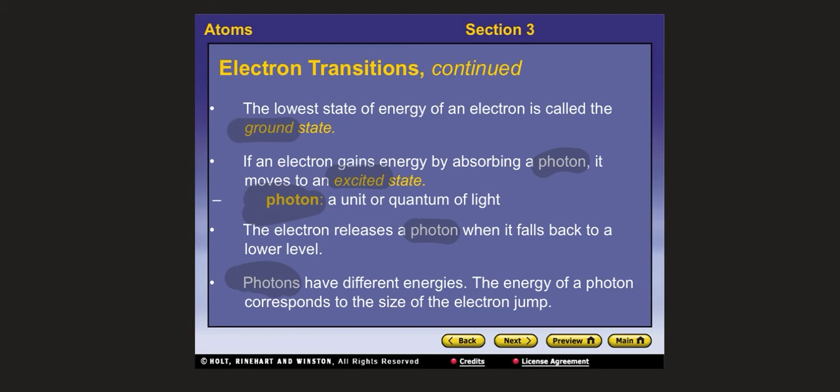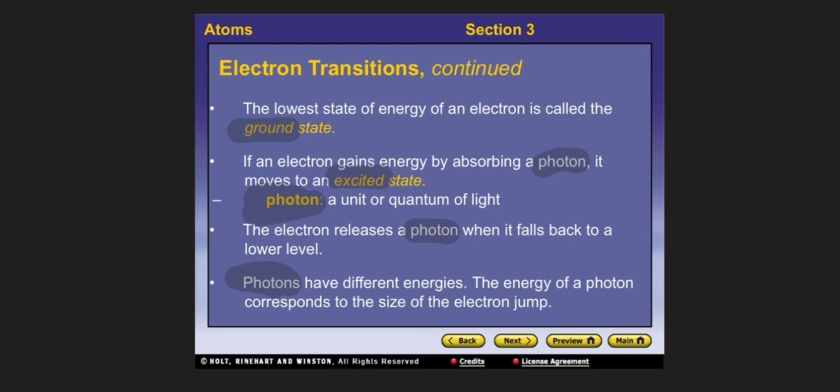That's where it likes to be, just normal every day. Then if an electron gains energy by absorbing a photon or a quantum of light, it moves to an excited state. So whenever you gain energy, maybe you drink an energy drink or you eat some food that gives you energy, then you become excited or hyper, you have more energy.